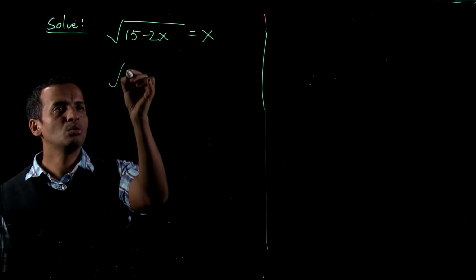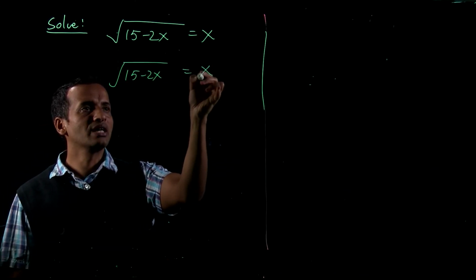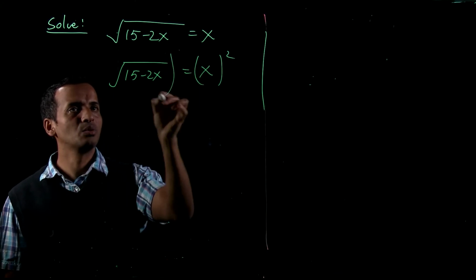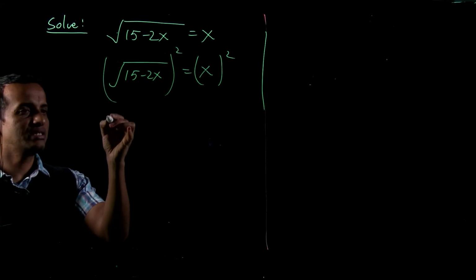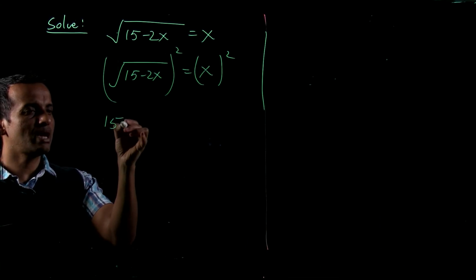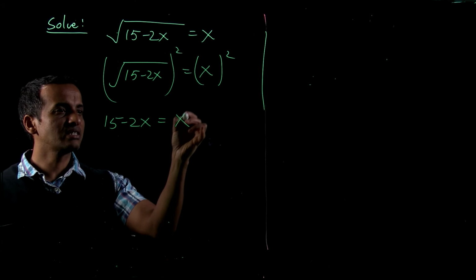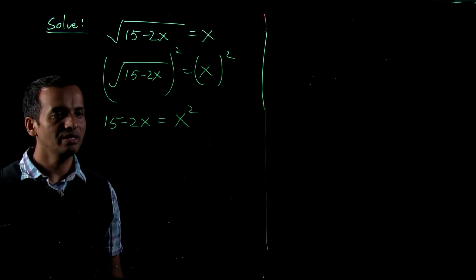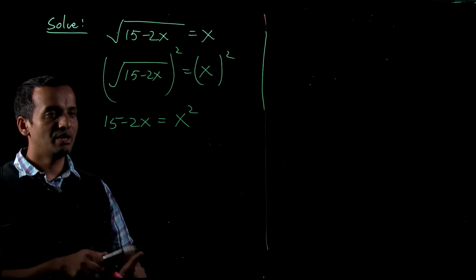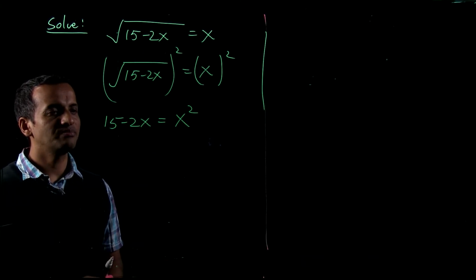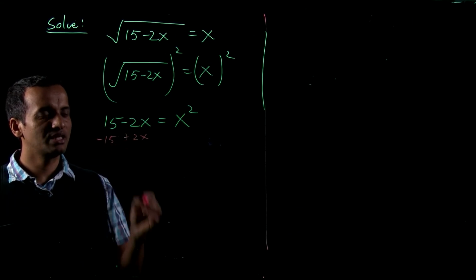So, square root of 15 minus 2x equals x. You square on both sides, here and here. What do you get on the left side? It is 15 minus 2x equals, on the right, x squared. Now how do I solve this? You add 2x on both sides and then subtract 15.